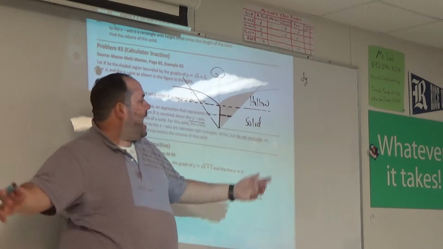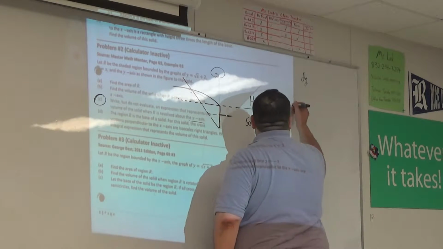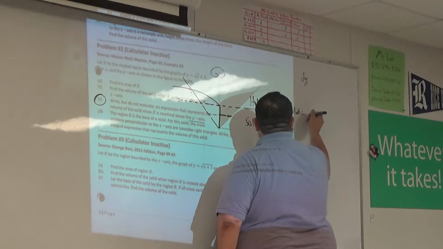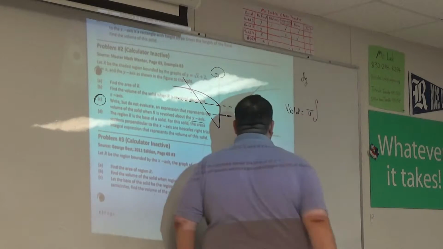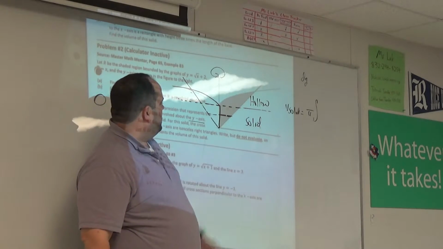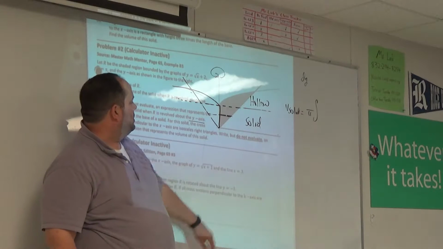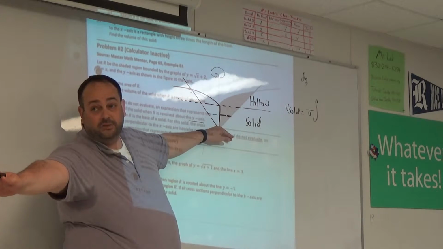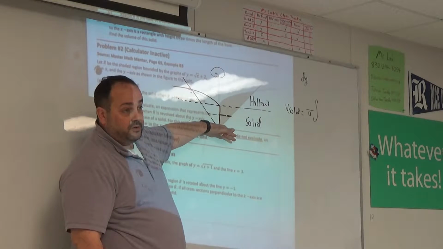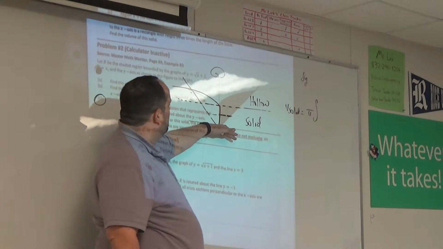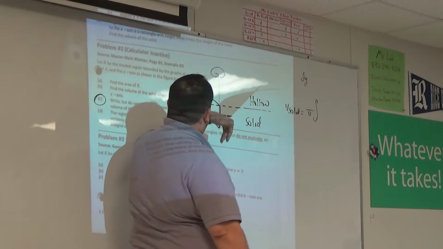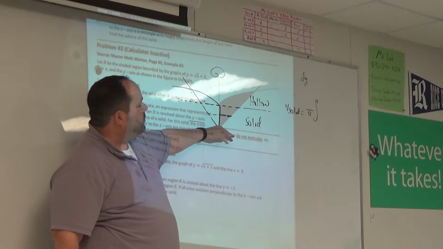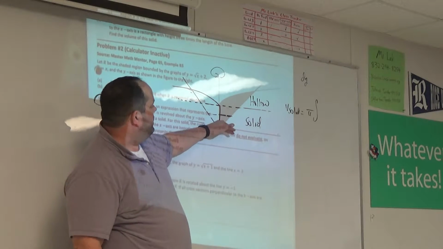Absolutely. So if I want to find the volume of, let's say, the solid part, it's going to be pi. I need to integrate from a place to a place. From where to where? From y equals 0 up until y equals a, or can we be more specific? 2.